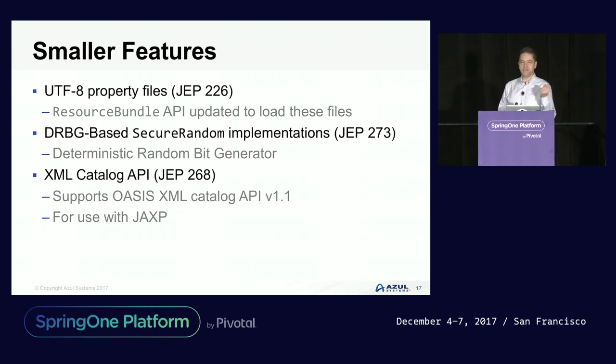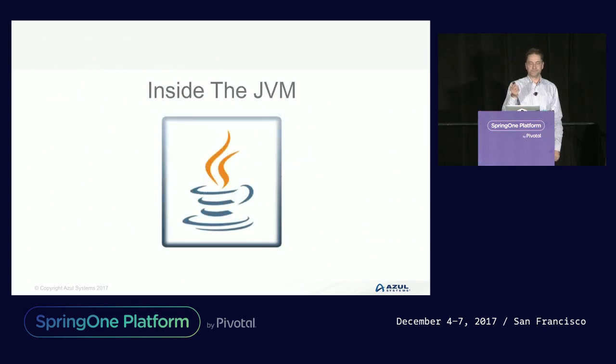I looked this up, and DRBG is deterministic random bit generator. This doesn't make any sense to me, because to me, random is non-deterministic, not deterministic. But anyway. And then the XML catalog API has been updated to version 1.1 of the OASIS standard. This is used by JAXP, and so that's now part of what's being used.